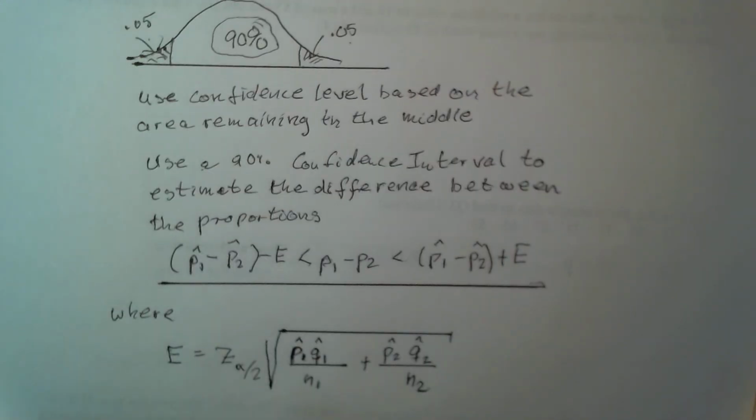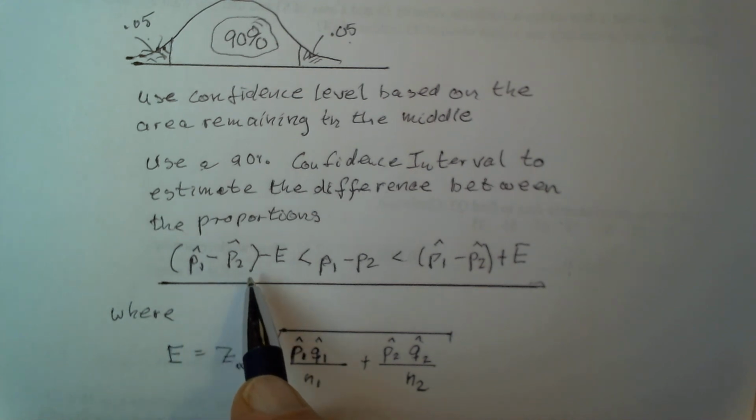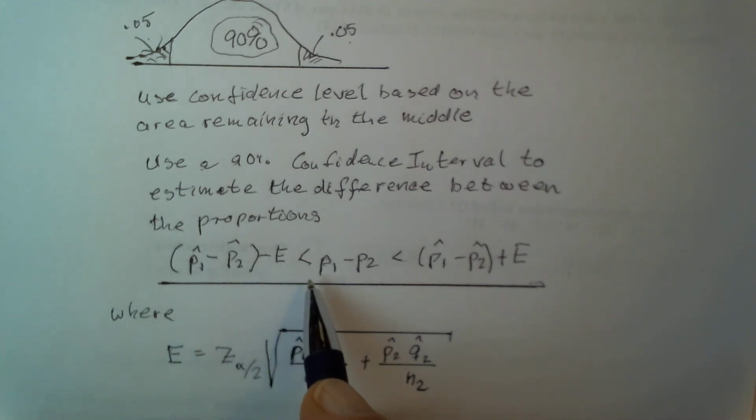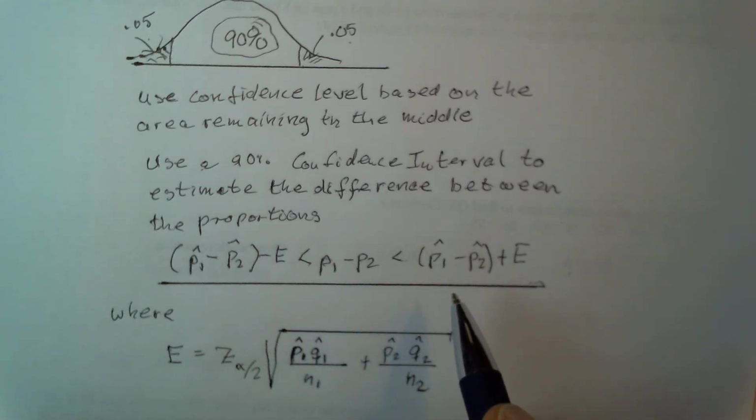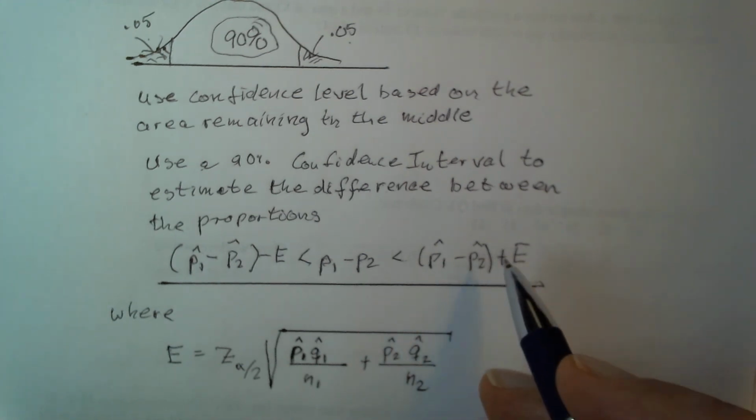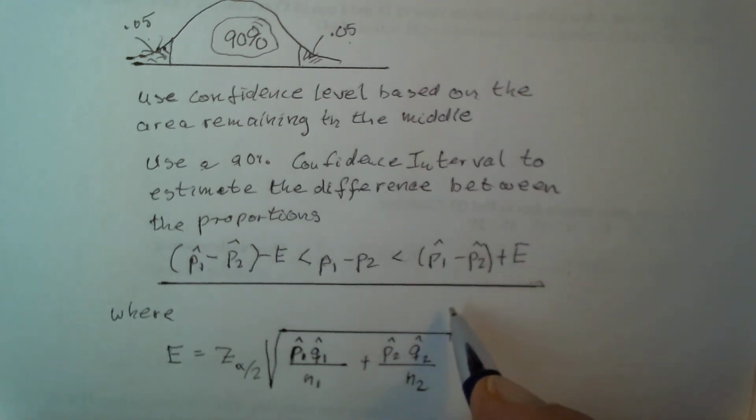So this is then our confidence interval: p1 hat minus p2 hat minus the margin of error, less than p1 minus p2, the population proportions, and less than p1 hat minus p2 hat plus the margin of error.